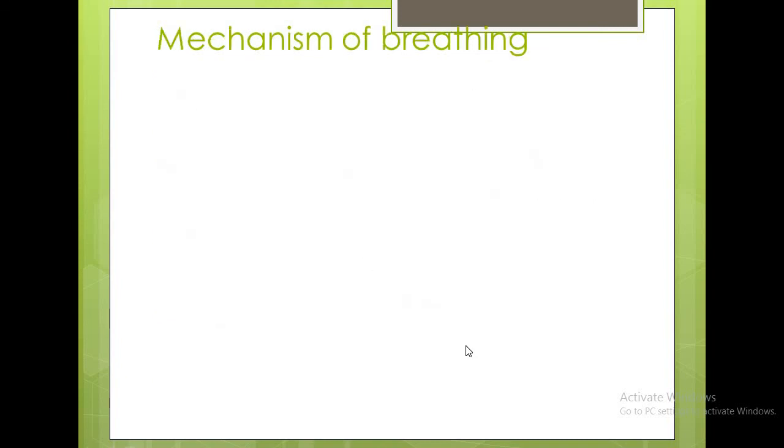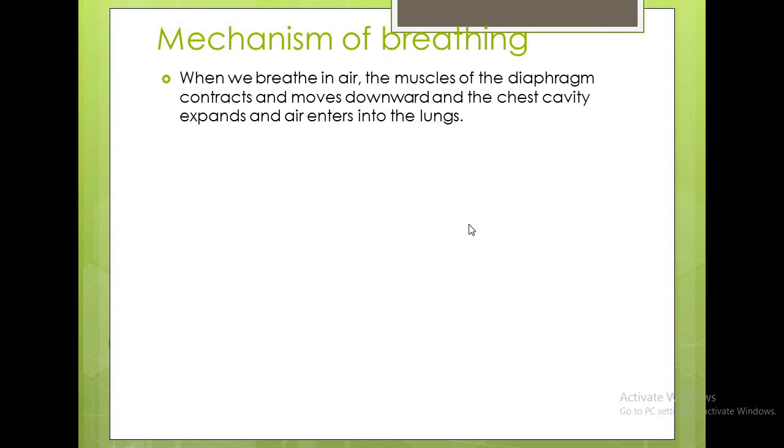Right, how does the mechanism of breathing take place? Maybe you all can feel it if you keep your hand on your chest while breathing. When we breathe in, the muscle of the diaphragm contracts and moves downward, and the chest cavity expands.